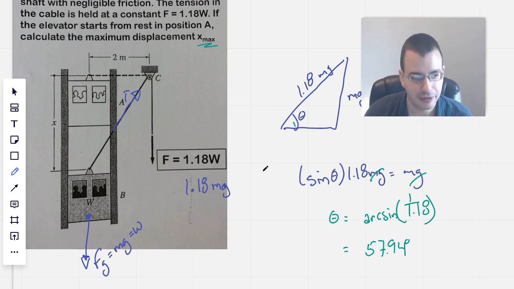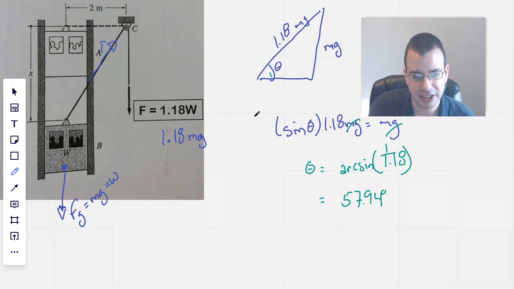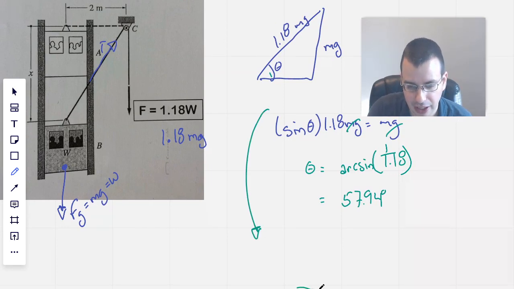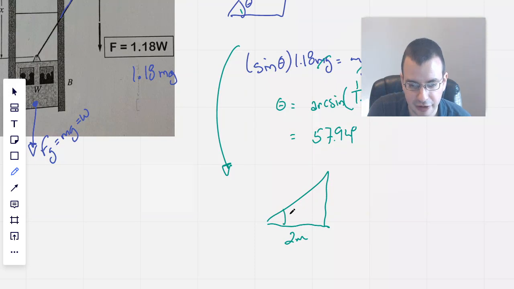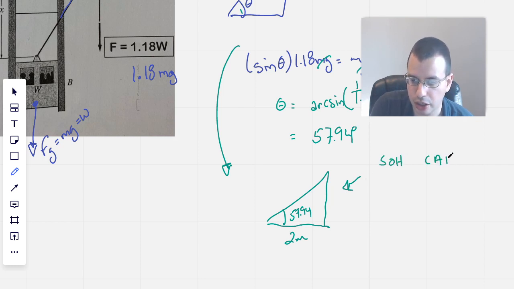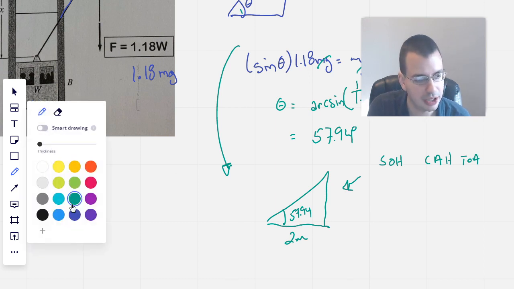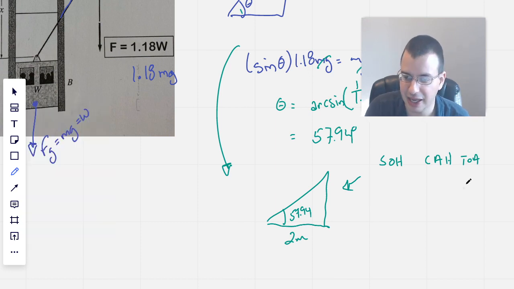So what they're asking for, if we look at a similar triangle, like so, and we're told that this is 2 meters right there, and we're given this theta of 57.94. We want to find that angle right there. TOA, our little mnemonic to remember the trigonometric identities.